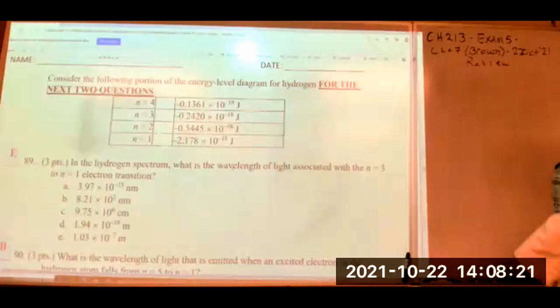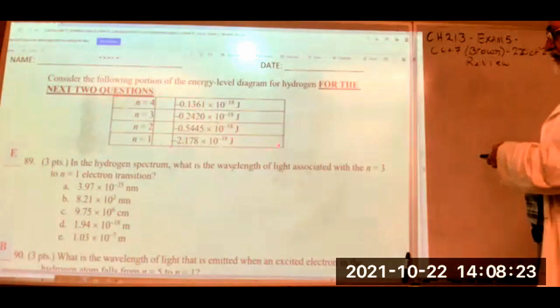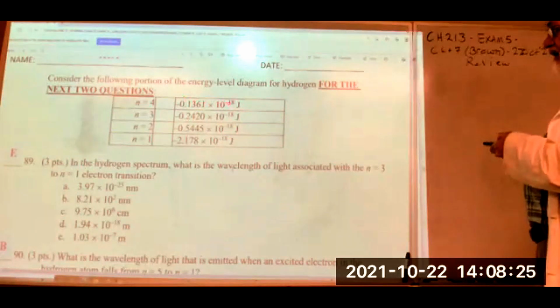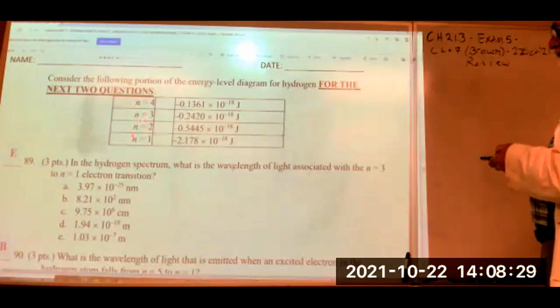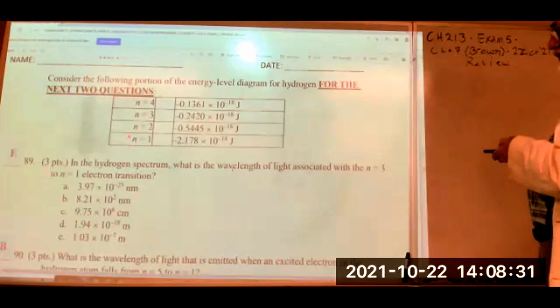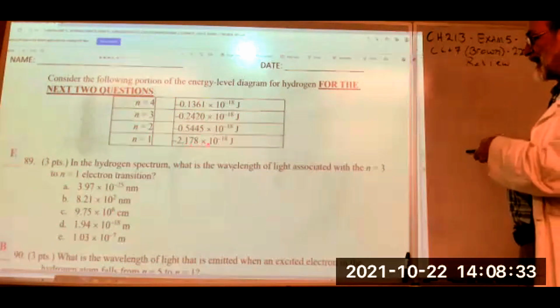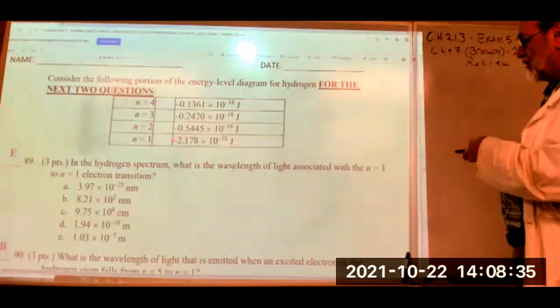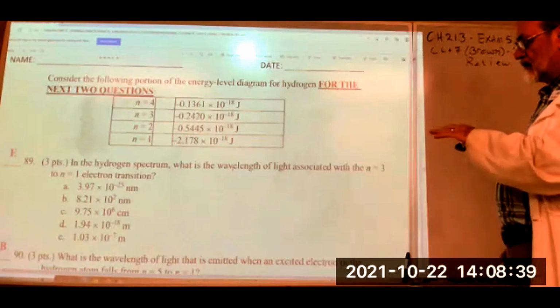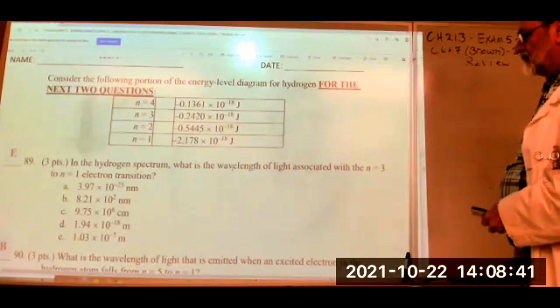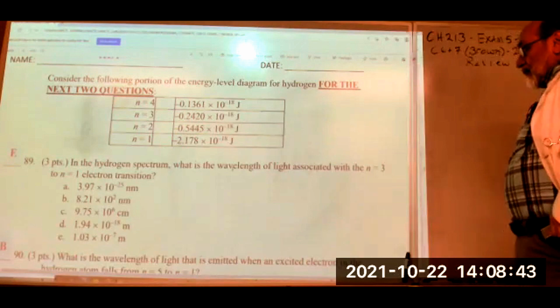So to answer '89, we need to use this information. These are the energy values for those quantum numbers. And notice the smaller the quantum number, the more negative the value. So we're getting closer to the nucleus. That means a lower energy level, which means more negative.